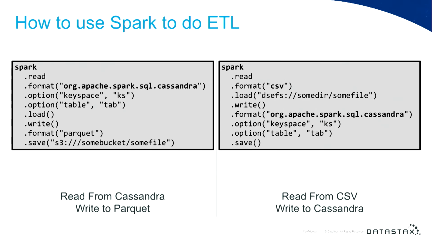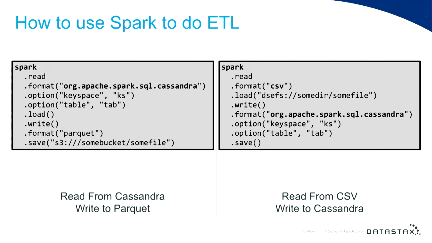So we have two extremely different operations, but if you'll notice, both of them basically are the exact same code pattern. We say read, we say format, and our format says what kind of source we're using. We might pass some source-specific options, but then we say load. And then to do the write, we basically do write, format, we can do options if we have them, and then save.